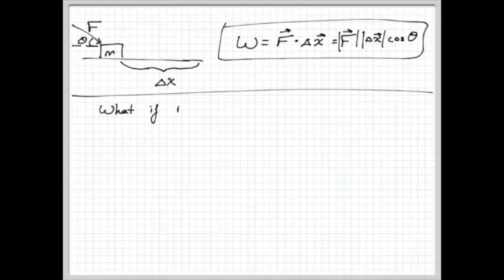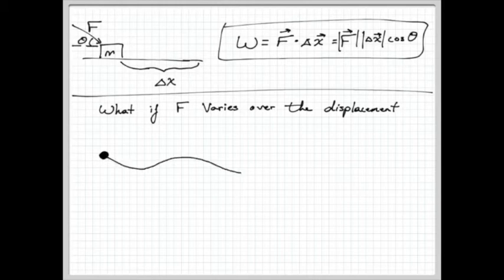So what if the force F varies over the displacement? Or maybe the displacement's not an entirely straight path. So as an example, imagine a particle that's being pushed along this path. Well, at every single instant, there is a force applied on it. So here's the force.